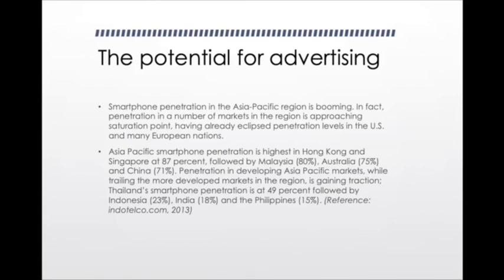Penetration in developing Asia Pacific markets, while trailing the more developed markets in the region, is gaining traction. Thailand smartphone penetration is at 49%, followed by Indonesia 23%, India 80%, and Philippines 50%.